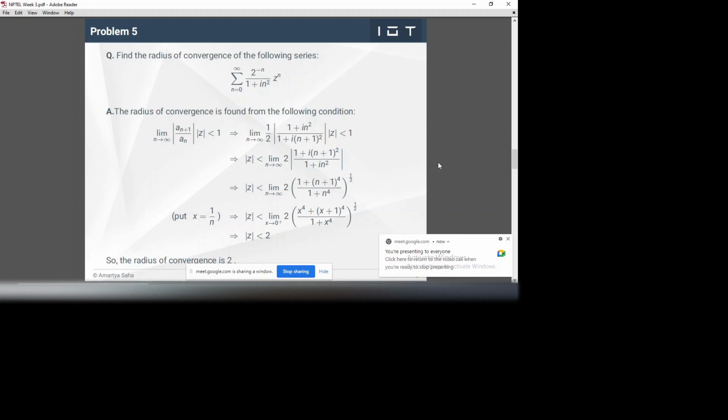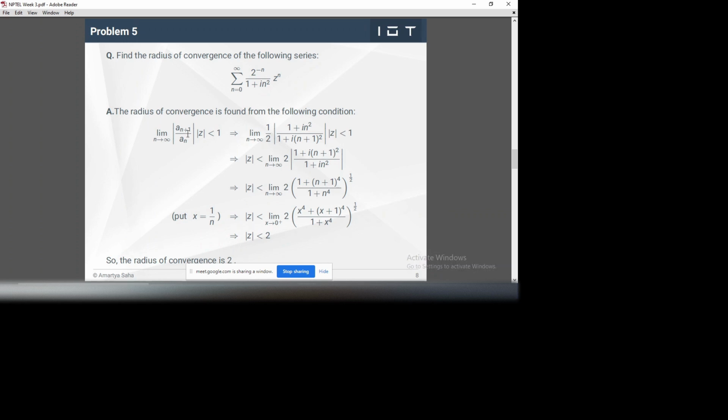Again, same problem. I think this is easier because here we have to just find the radius of convergence. So again, we are given this power series and we have to find the radius of convergence.